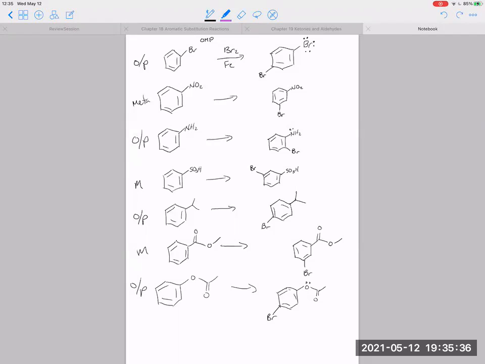Any of these things with lone pairs can donate into the ring, be electron donating, and that's why they would be orthopara directing. Everything that's meta directing is electron withdrawing, and that's what leads it to direct to the meta spot. That's the easiest, fastest rule I can give you.